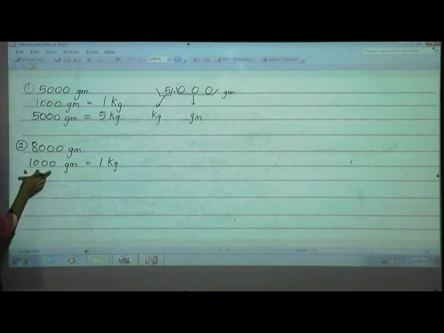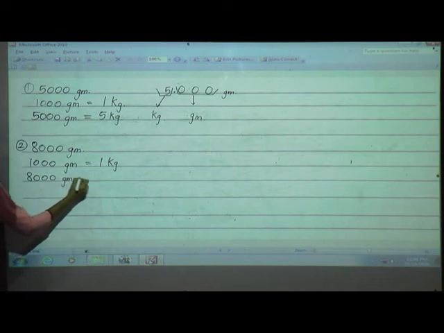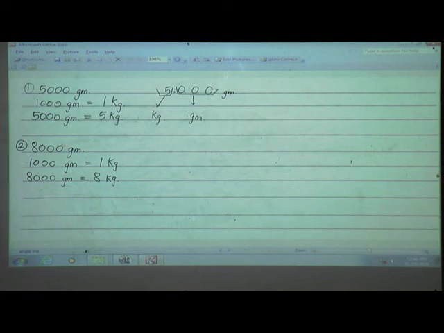Now if 1000 gram is equal to 1 kilogram, then 8000 grams is equal to how many kilograms? Yes, correct, 8 kilogram. Okay, next. Now see the next example.